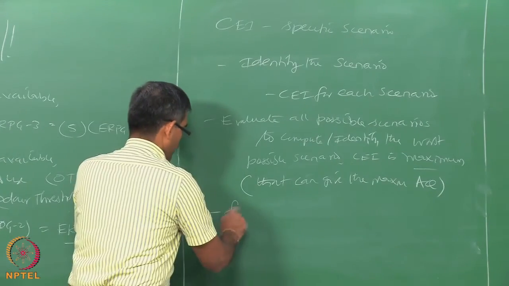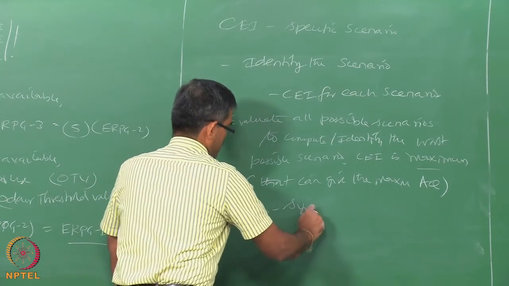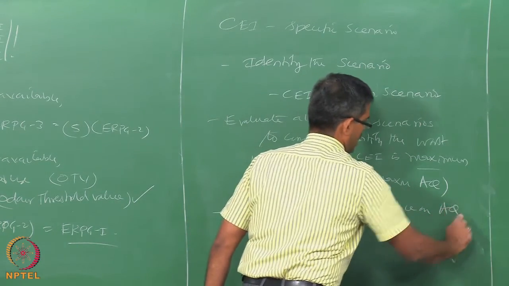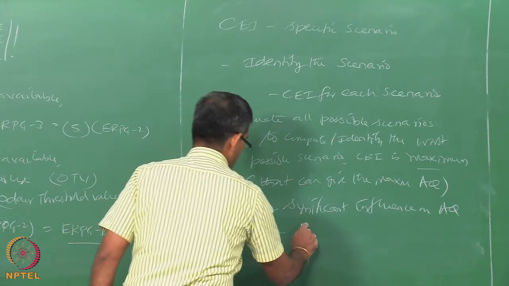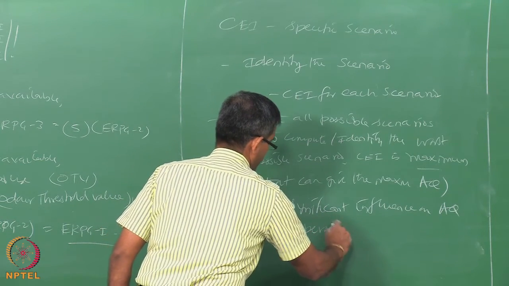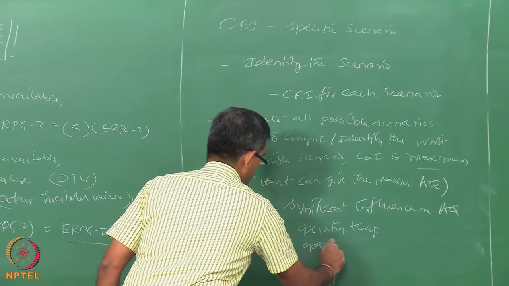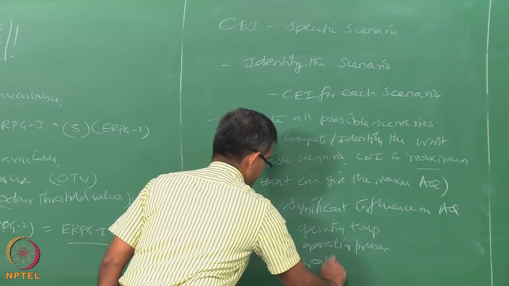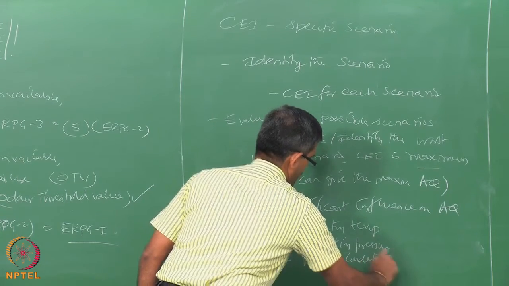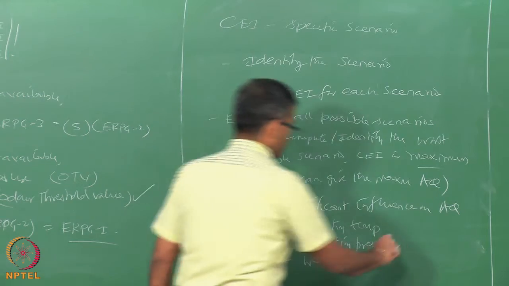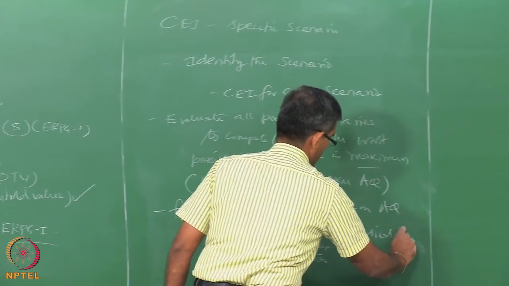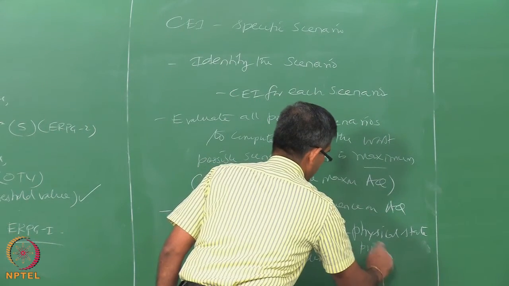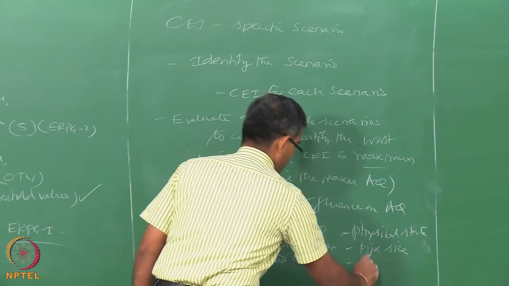So, please understand the factors which will have significant influence on estimating airborne quantity could be operating temperature, operating pressure, then weather conditions, then physical state of the chemical, then of course the pipe size, height of release.